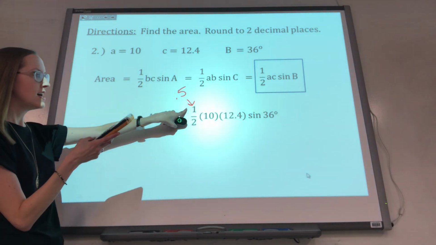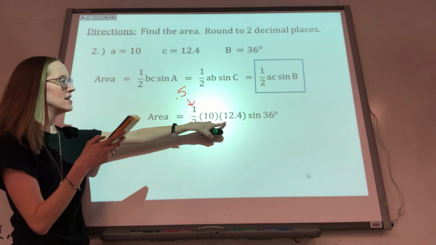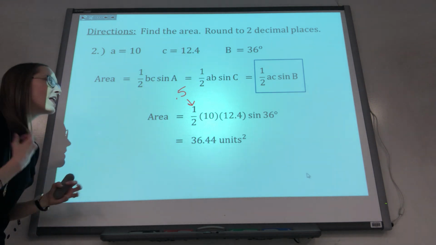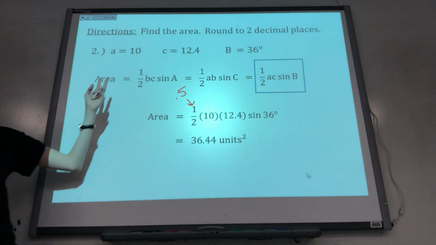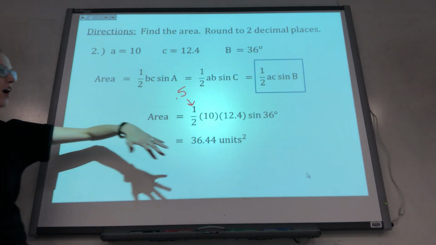So 0.5 times 10 times 12.4 times sine of 36. It's as easy as that, just typing it in. It gives you 36.44. Now, I know that when they didn't give us units, we just kind of left the label off.